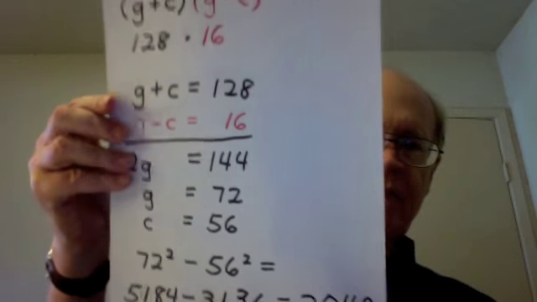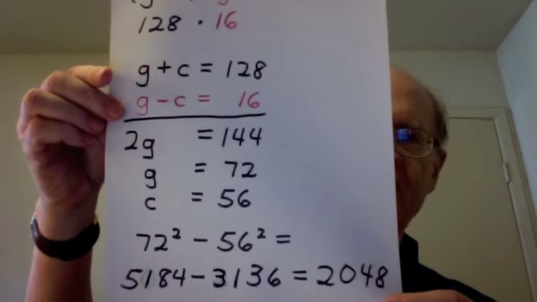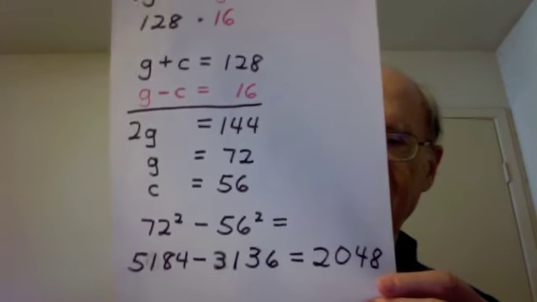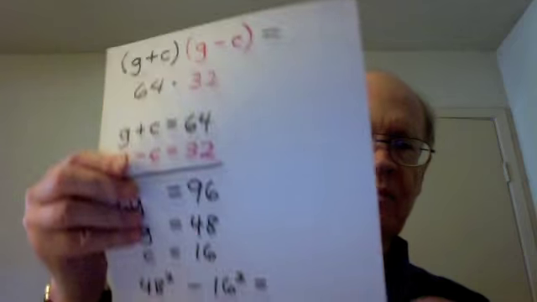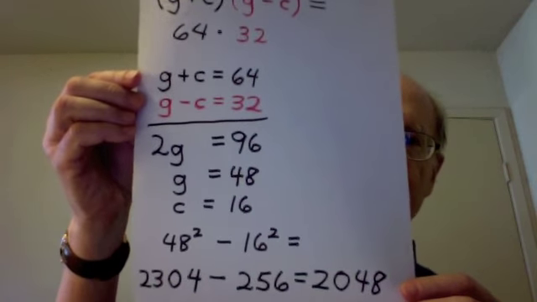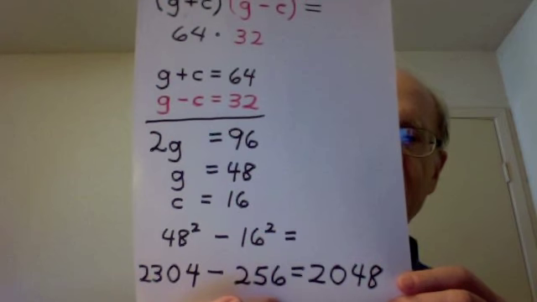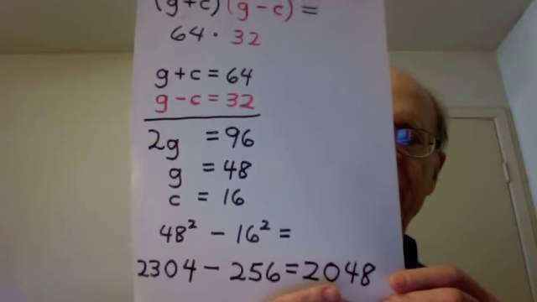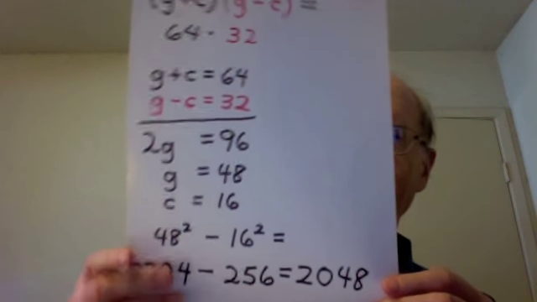This one, G plus C equals 128, G minus C equals 16, giving these square numbers that differ by 2,048. And finally, G plus C equals 64, G minus C equals 32, giving these two square numbers that differ by 2,048. Those are what I call candidate solutions.